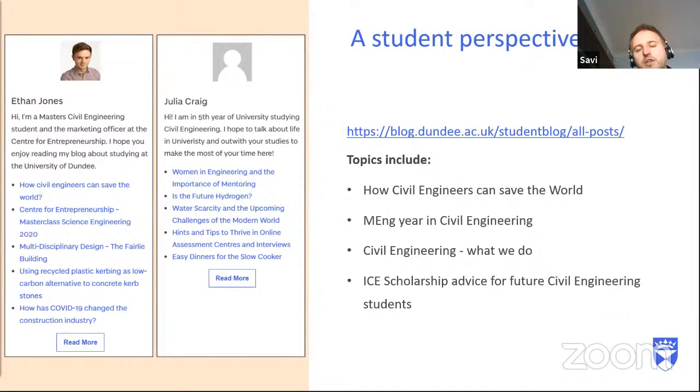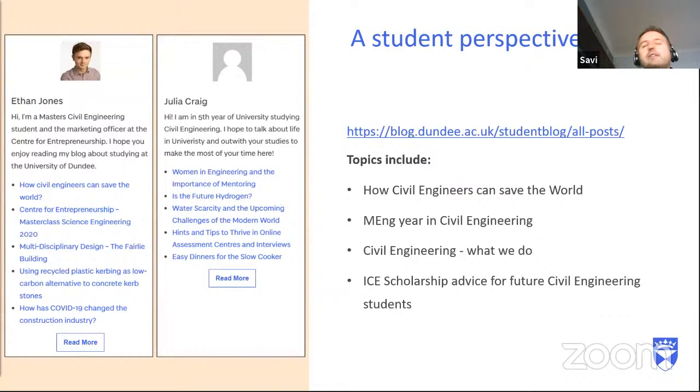They were also very active in different kinds of industry-related activity during the year. And I'm reporting some of the comments, and you can look at these. If you go into the blog, you can see they used to write some articles and get read by other students, by us. So it's a very nice activity that can be done by students.